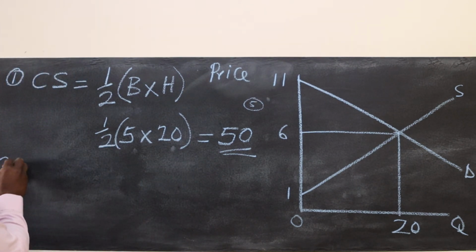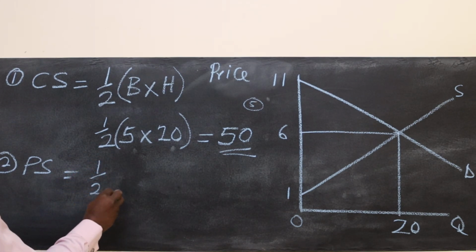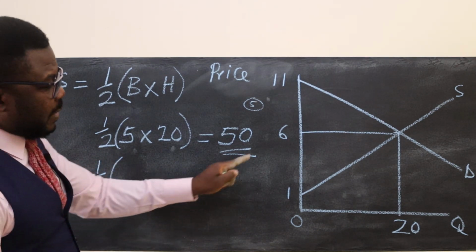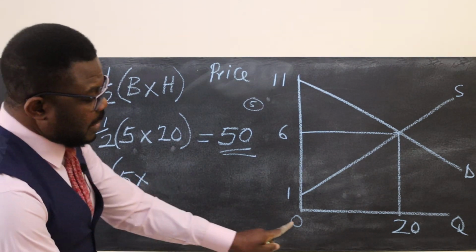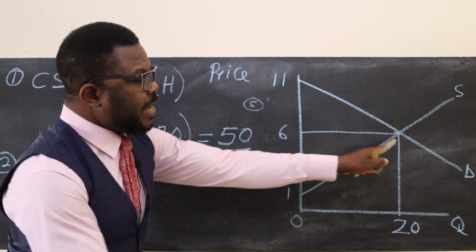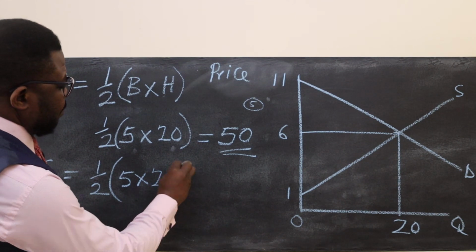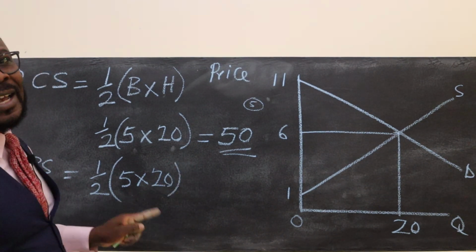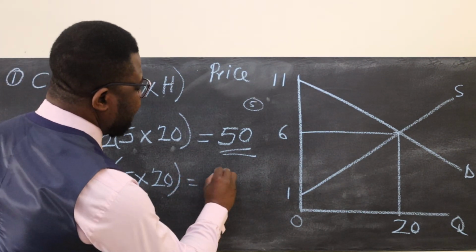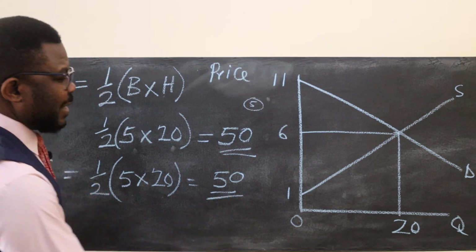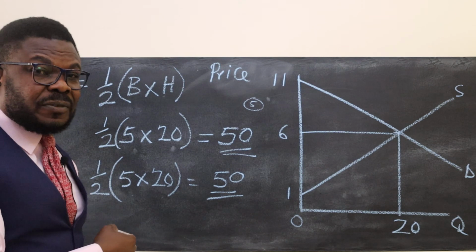Here we have the producer surplus: half of 6 minus 1, which is 5, times the distance between 0 and 20, which is the height of your triangle. This height here is 20. 5 times 20 is 100. Half of 100 is 50.